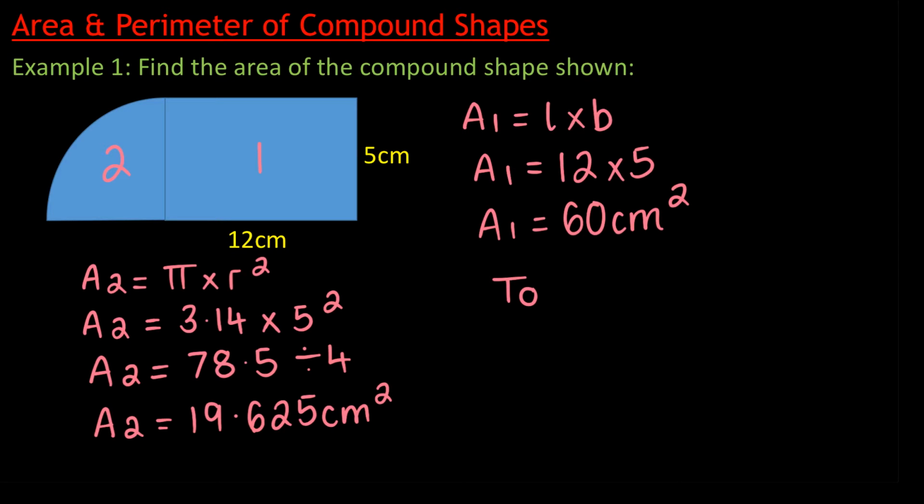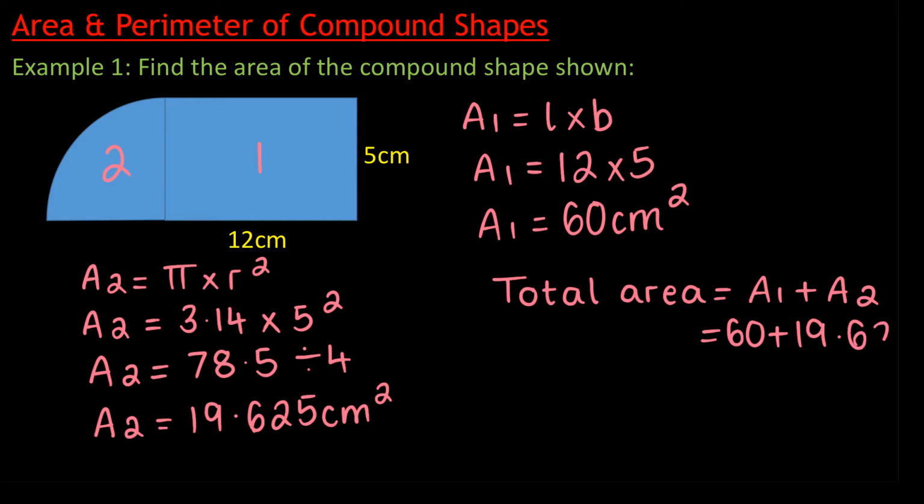The total area of this compound shape is just our A1, the area of the rectangle, plus A2, the area of the quarter circle. So add them together. And you get 79.625 square centimetres.